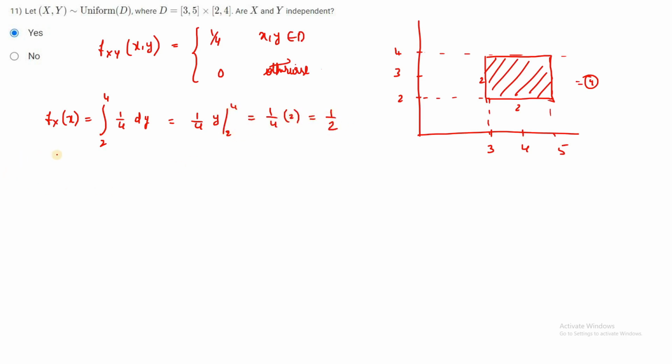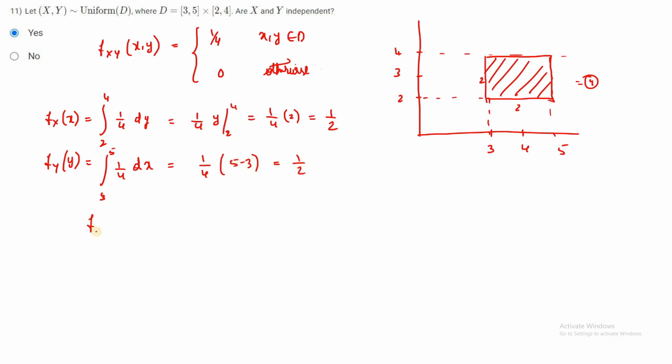And now fy of y is nothing but, the range of x is 3 to 5, integral 3 to 5 of 1 by 4 dx, that is 1 by 4 into 5 minus 3, that is nothing but 1 by 2.